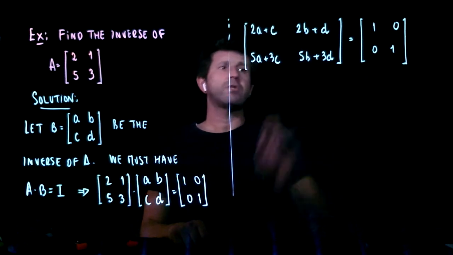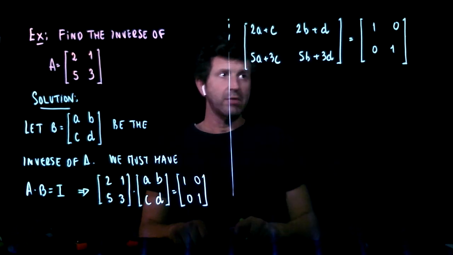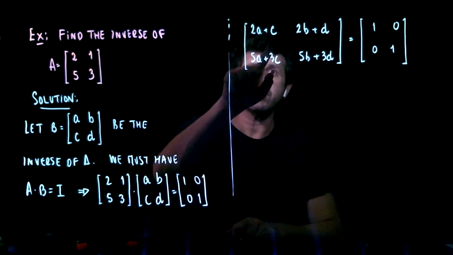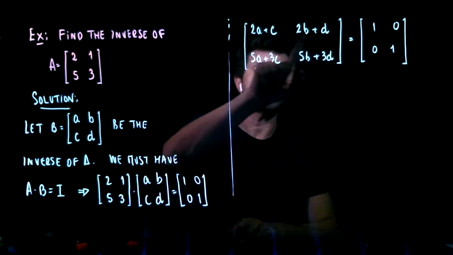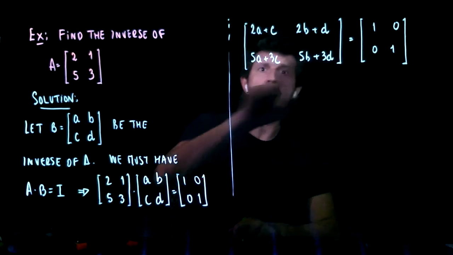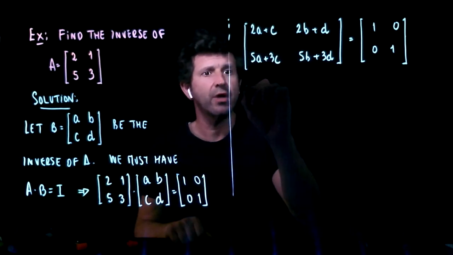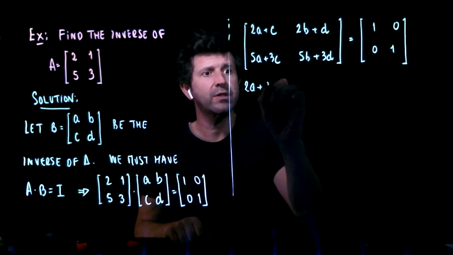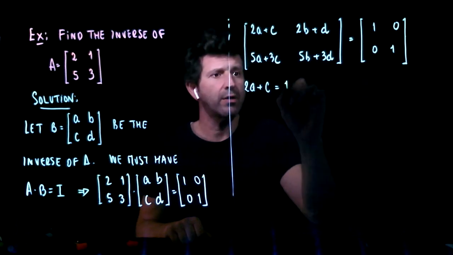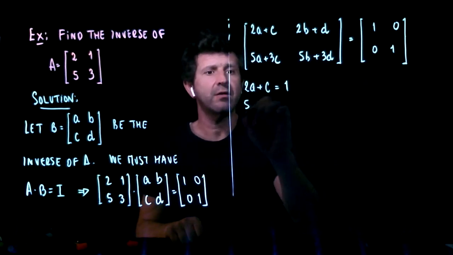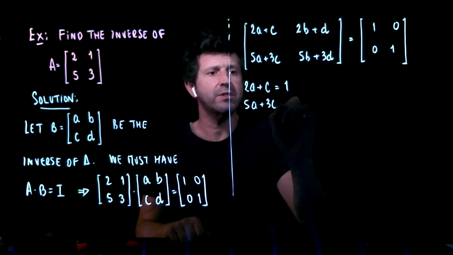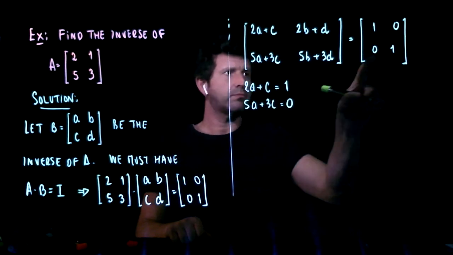And these two matrices need to be equal. In other words, I need to have 2a plus c equals 1, 2b plus d equals 0, and so on. Okay, so let me write this system here. So I have 2a plus c must equal 1, and 5a plus 3c must equal 0.